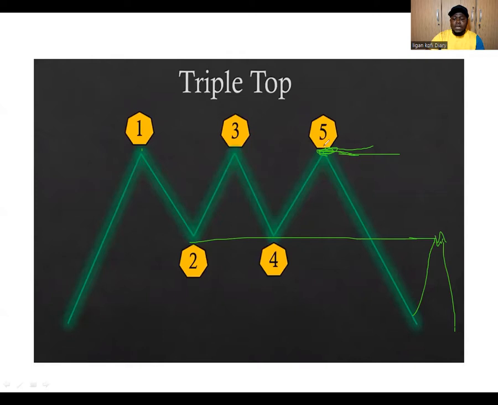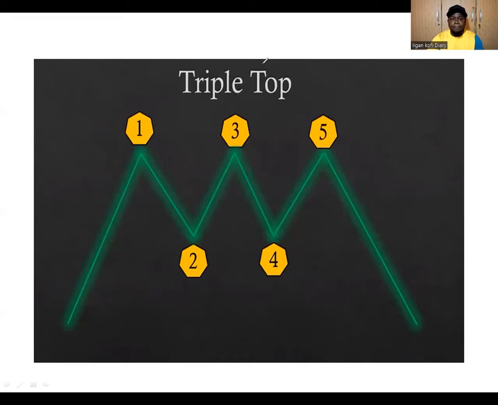Once you see those patterns on the 5 here, then you can give it a sell. But if you want to be on the safer side, then you have to wait for this neck to be broken before you take your trade. Is that okay? So that is how you can trade the triple top or the triple bottom.